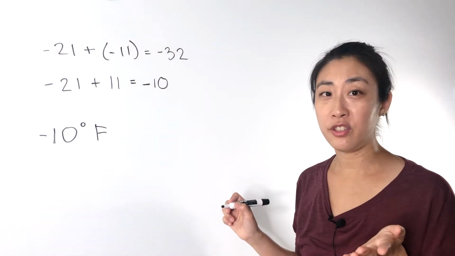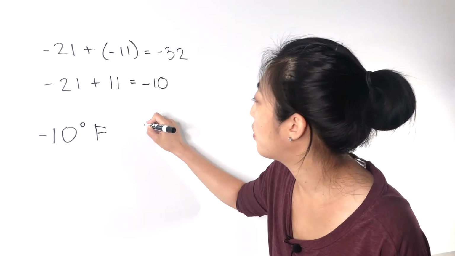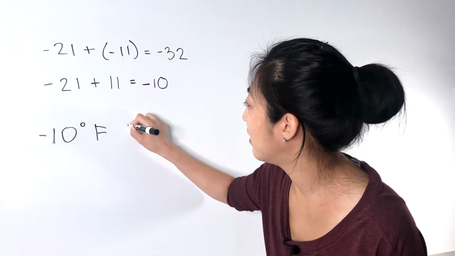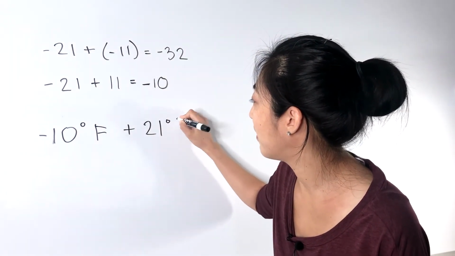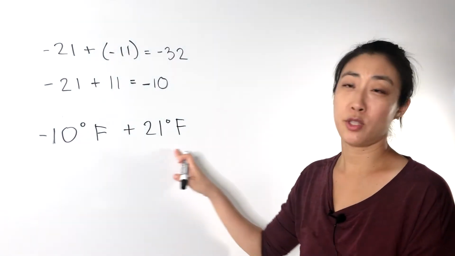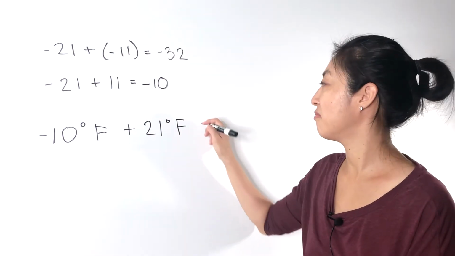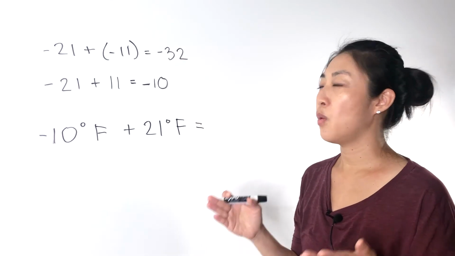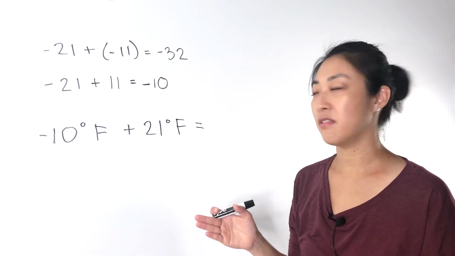And then by noon, it rose 21 degrees Fahrenheit. The temperature went up 21 degrees by noon. So what was the temperature at noon?